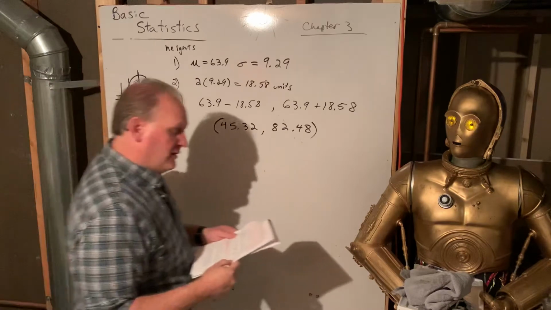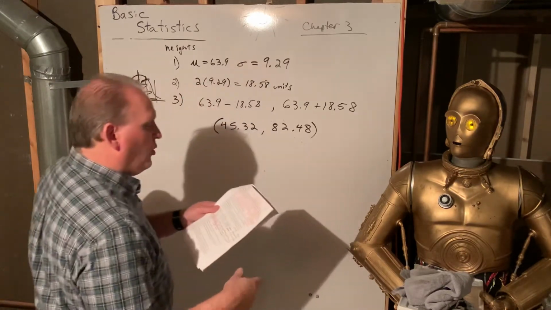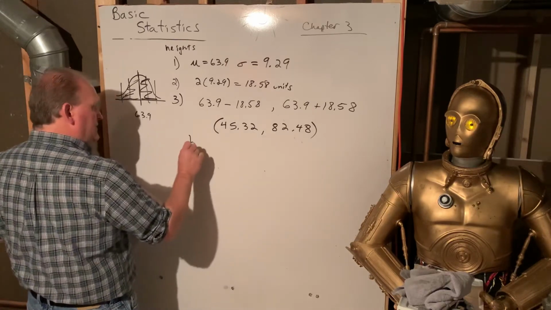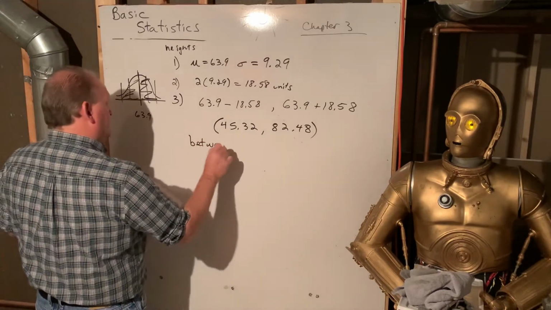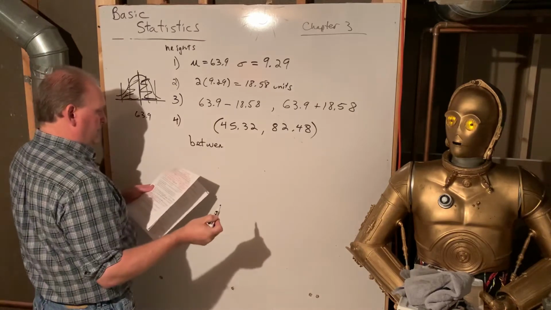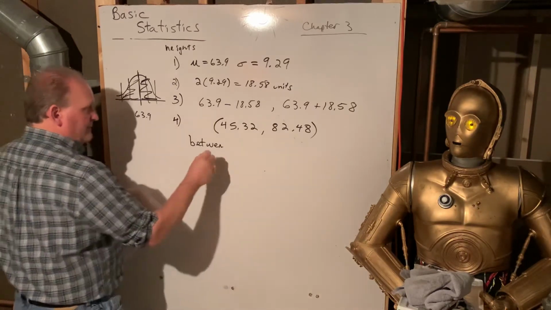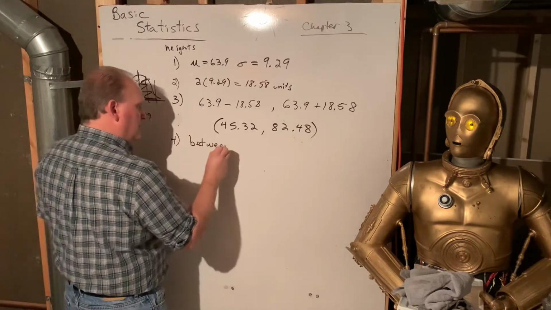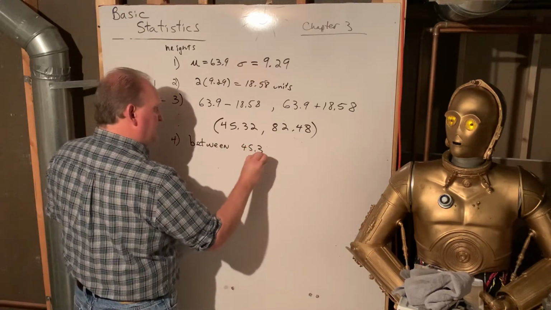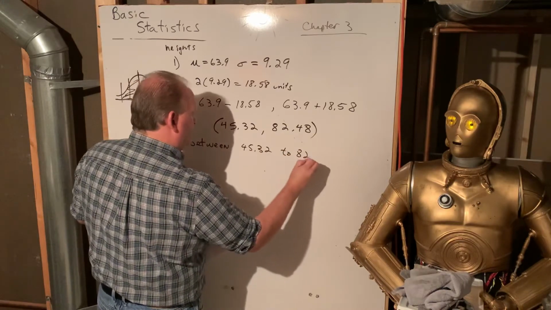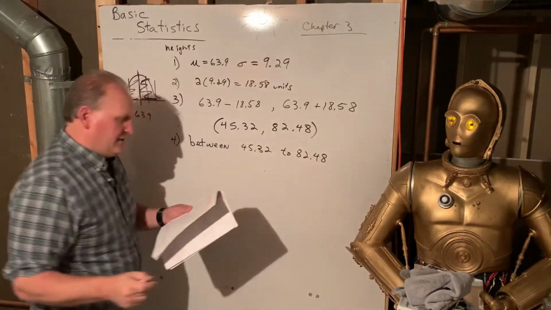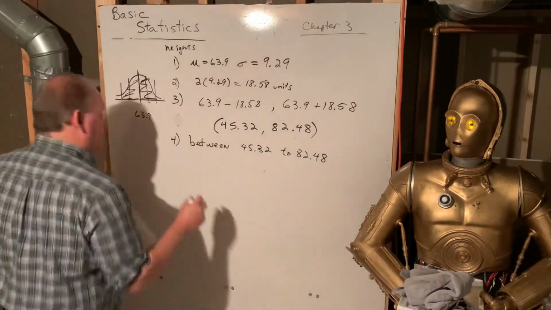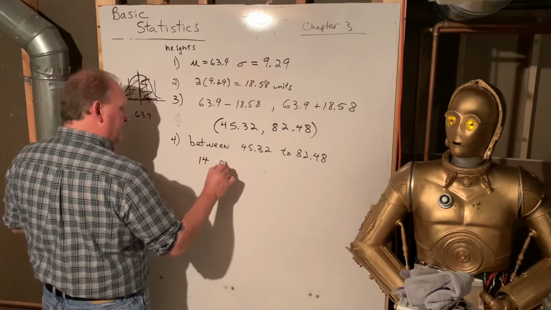And so now if we take a look at the data, how many of the height data points fall between 45.32 and 82.48? It's almost all of it. There's only one that got outside of there on the low end. And so 14 of the 15 pieces of data.